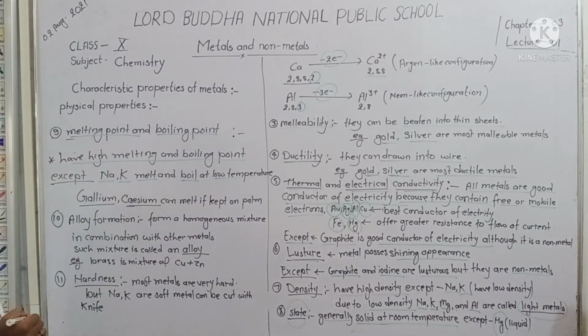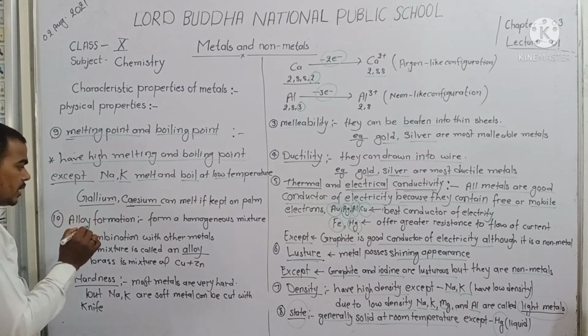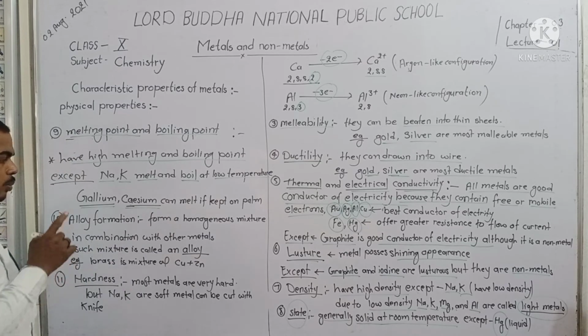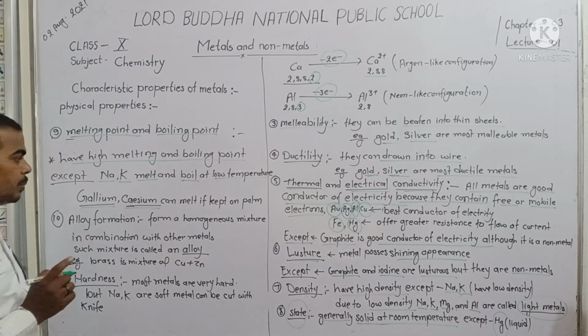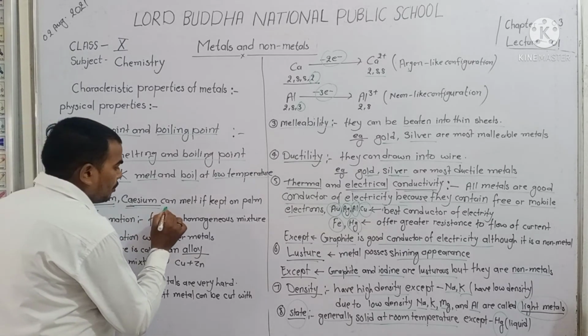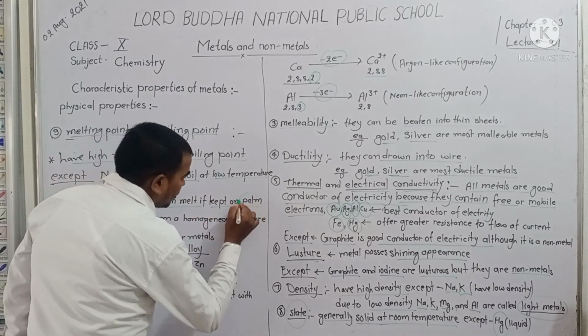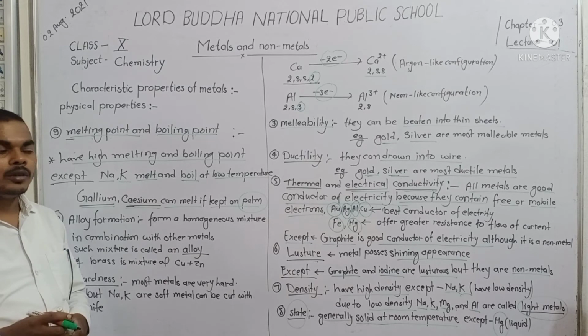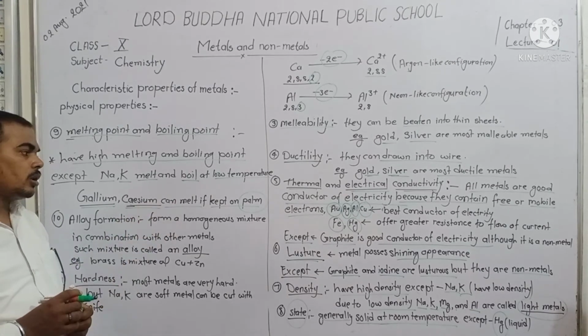Okay. Now, dear student, gallium and cesium are both metals, but they can melt when kept on the palm.